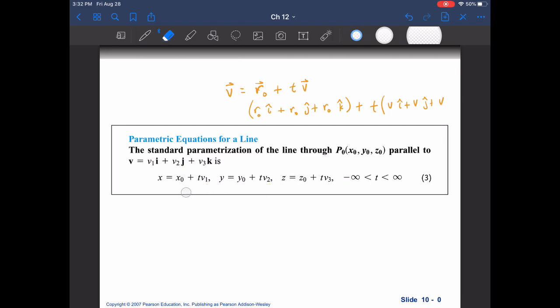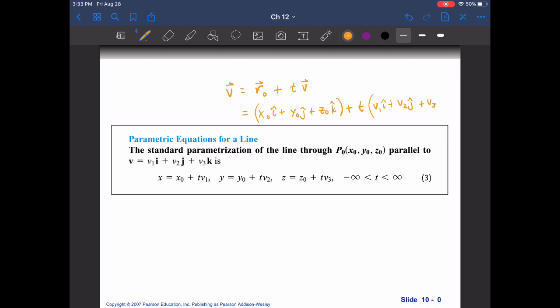Oh, and they used x naughts and stuff like that. I'm just going to rewrite this whole thing. Sorry about that. r0 is going to be x0 in the i direction plus y0 in the j direction plus z0 in the k direction, plus t times v1 in the i direction plus v2 in the j direction plus v3 in the k direction.